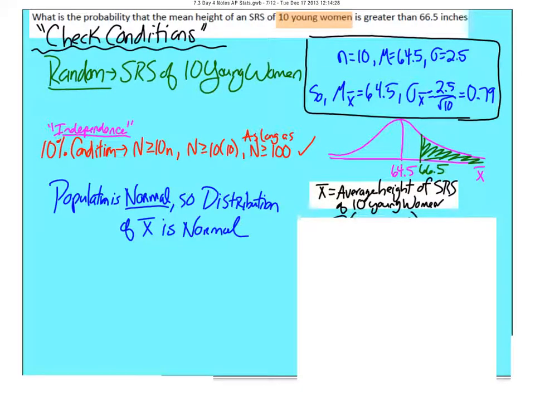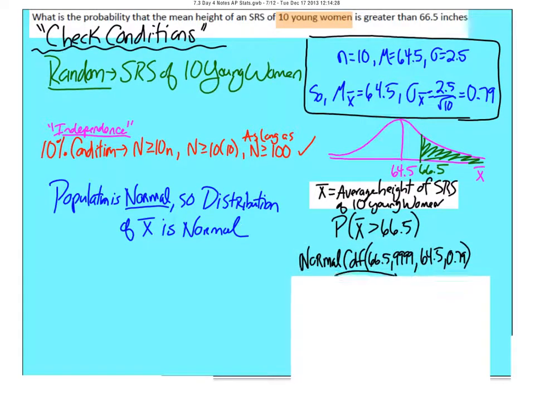Okay, what do we want to find? The probability that x bar is greater than 66.5. That is, that the mean of this sample is greater than that. Well, I have all of my parameters stated, and all I have to do is my calculator speak on this. Normal CDF, my lower bound and upper bound are right there. The mean and the standard deviation, be careful.